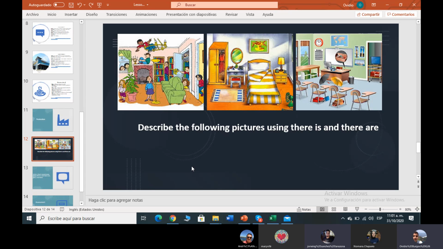There is a lamp. There is a mirror. There is a wardrobe. There is a carpet. Apart, there's a window.